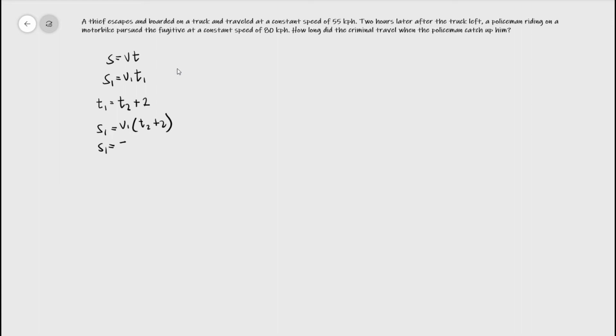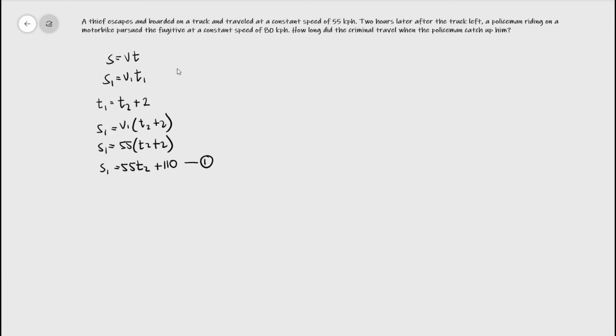Therefore this one is 55 times t sub 2 plus 2, then simplify this one, we have 55 t sub 2 plus 110. This will be our first equation again. Now for the second equation, the policeman riding on a motorbike pursued the fugitive at a constant speed.